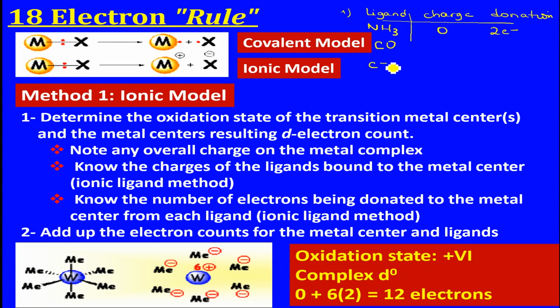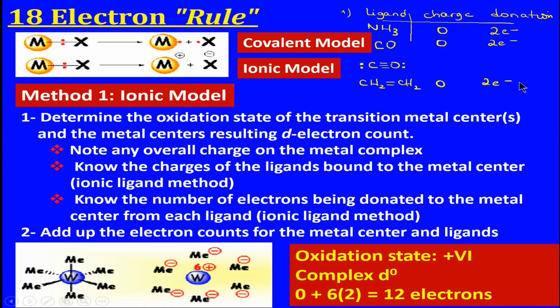We draw the Lewis structure of CO. Okay, so CO is neutral and is a 2 electron donor by the lone pair of carbon. Suppose we have ethene. We know that ethene is neutral and a 2 electron donor by the p orbitals of carbons, so it's a 2 electron donor.